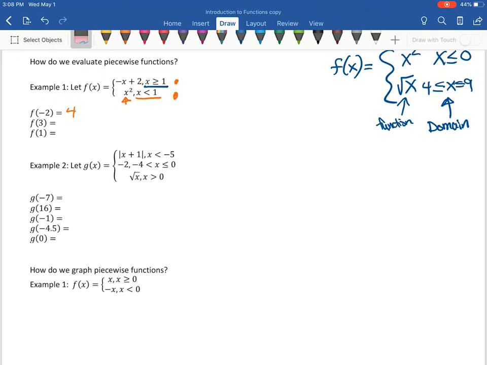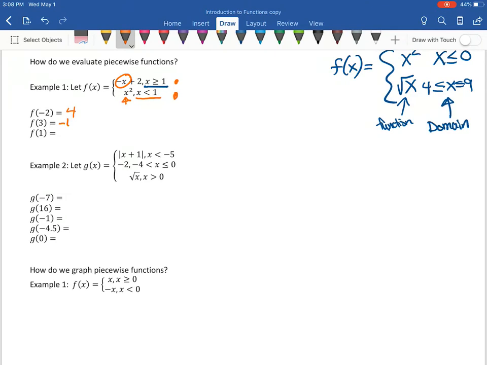Since 3 falls on the interval where x is greater than or equal to 1, we're going to plug 3 into the first function. So I'm going to take 3 and plug it in for this x, and I'm going to take -3 plus 2, which would give me a -1.